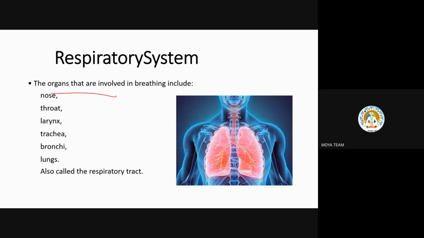The organs involved in your breathing system, or respiratory system, are your nose, nostril cavity, throat, pharynx, trachea, bronchi, along with your lungs. All this is involved in your respiratory system, which we call the respiratory tract.